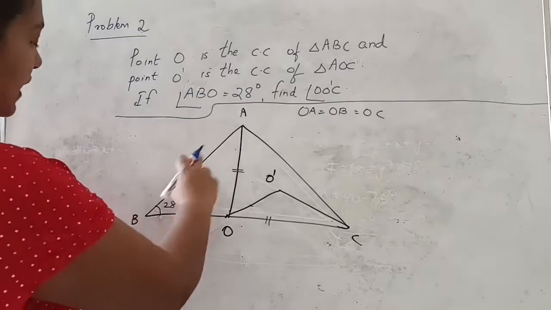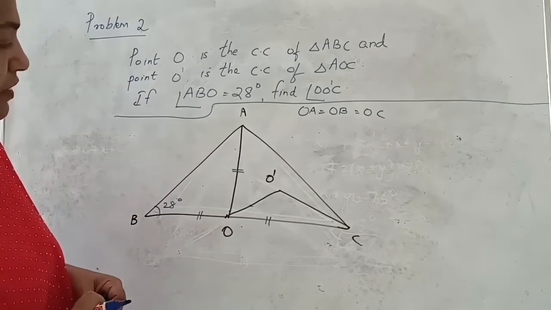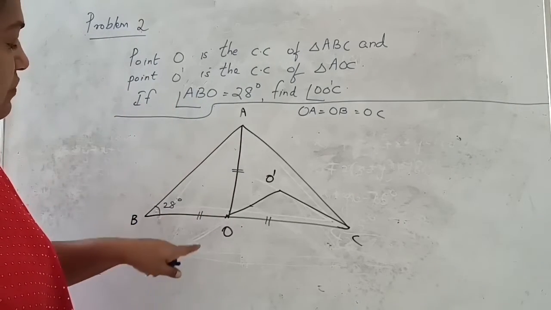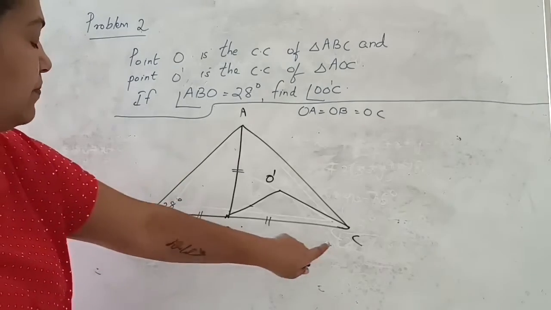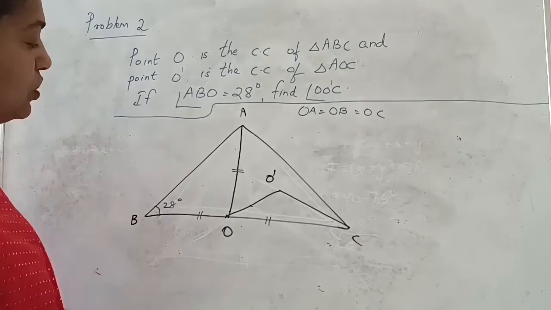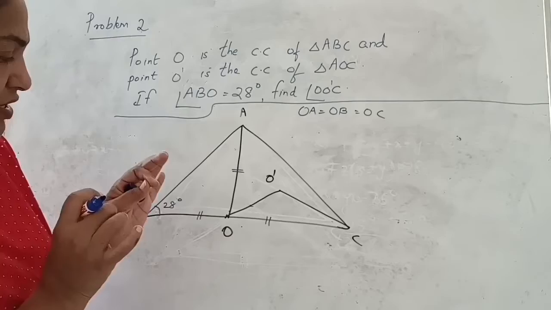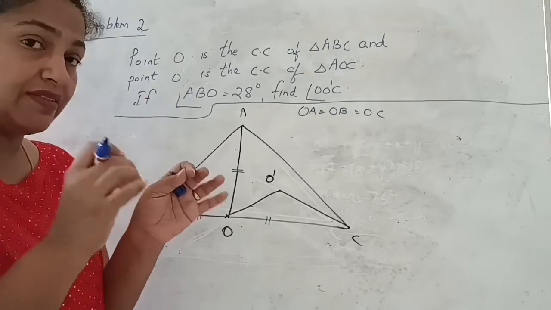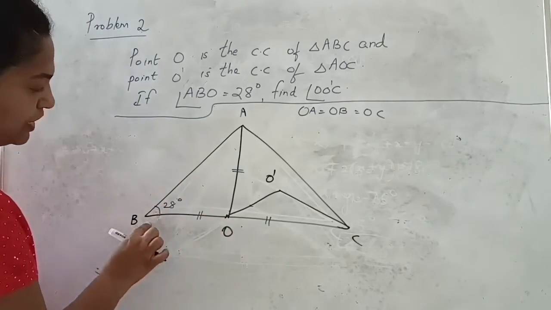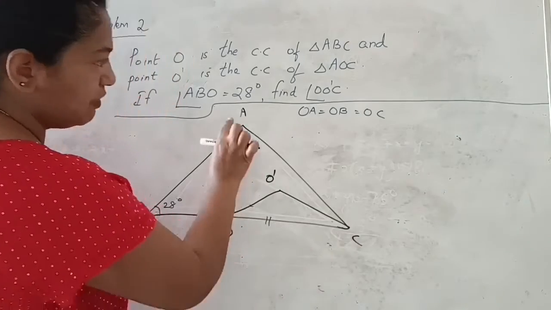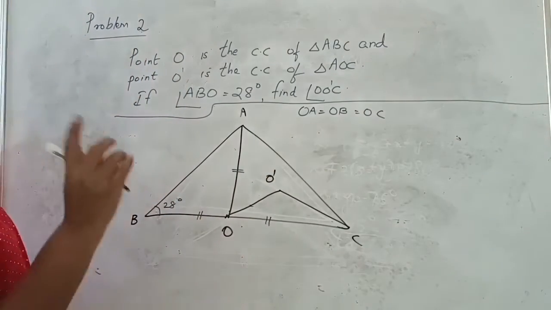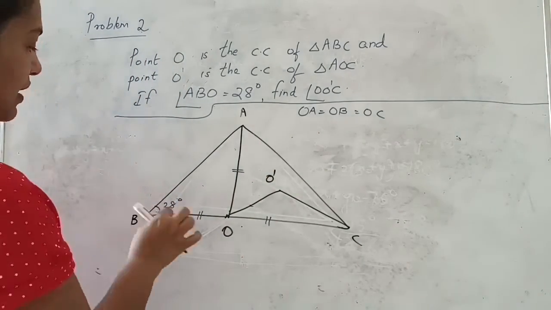Angle ABO is given to be 28 degrees, and O is the circumcenter of the triangle ABC. You know that the distances from the circumcenter of a triangle to its vertices are equal, so I can say that OB is equal to OC is equal to OA. I have written it here. That gives me isosceles triangles.